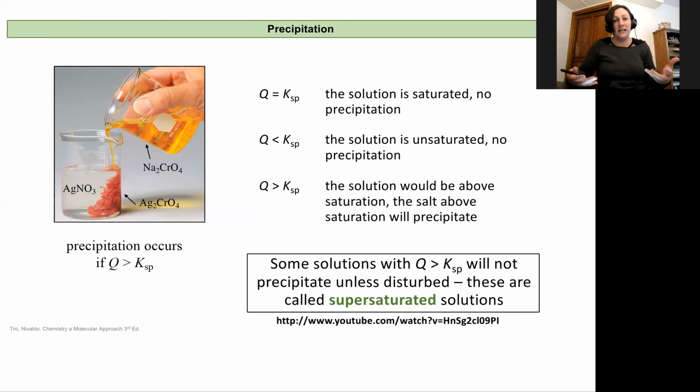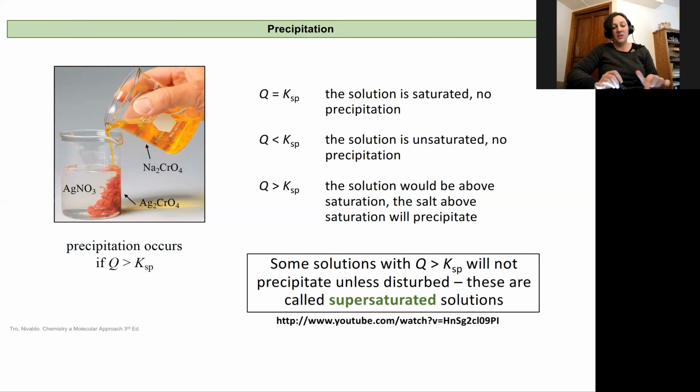solubility and precipitation. So we've got a beautiful picture of silver nitrate and sodium chromate forming silver chromate, which is that red solution in the picture. It's showing a precipitate forming as we pour the aqueous solution of one into the aqueous solution of the other, of our two reactants.